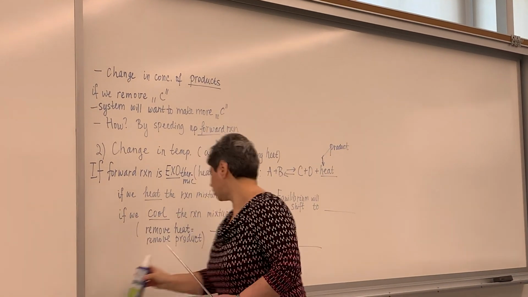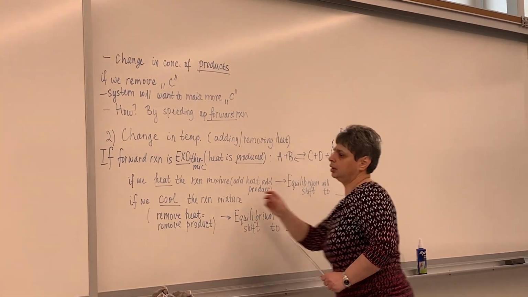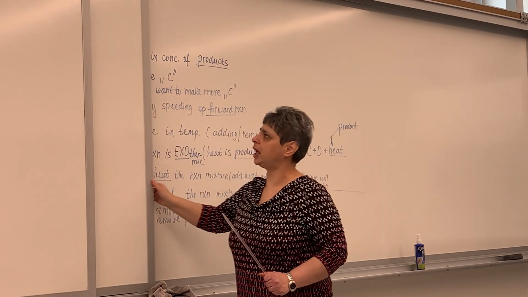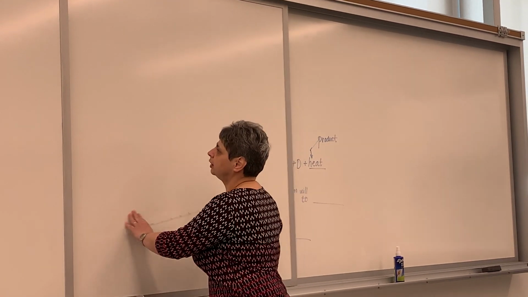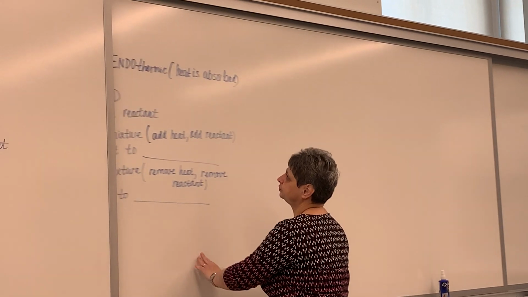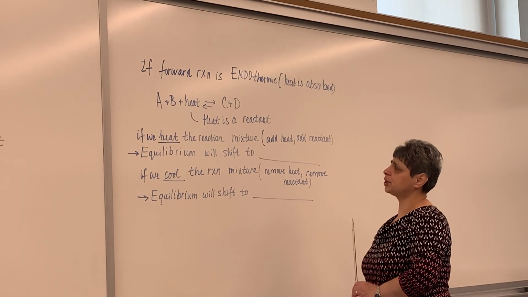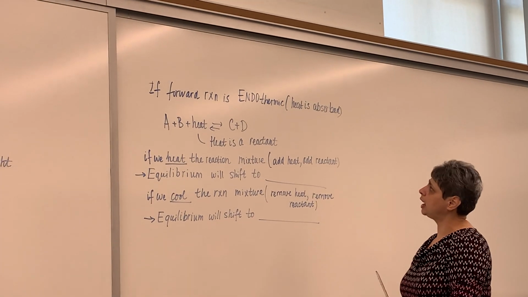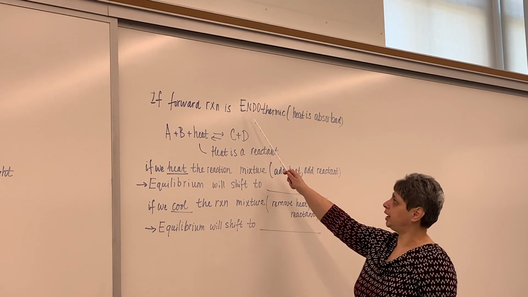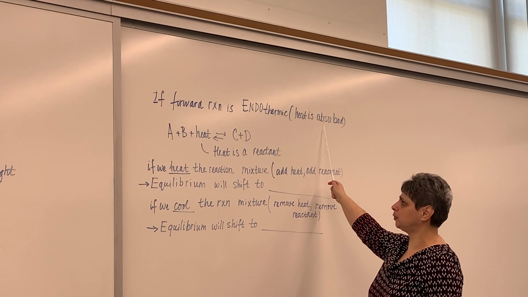It's a different story if we're talking about an endothermic reaction. So what if the forward reaction was actually endothermic? Just to review, an endothermic reaction is one where heat is absorbed.